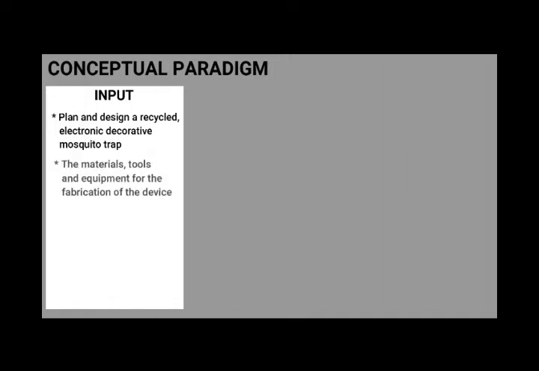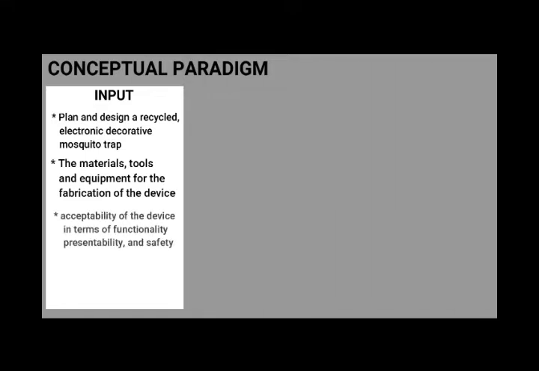Conceptual Paradigm. There are 4 inputs that we include in our study, namely, plan and design a recycled electronic decorative mosquito trap. The materials, tools, and equipment for the fabrication of the device. And the acceptability of the device in terms of functionality, presentability, and safety.